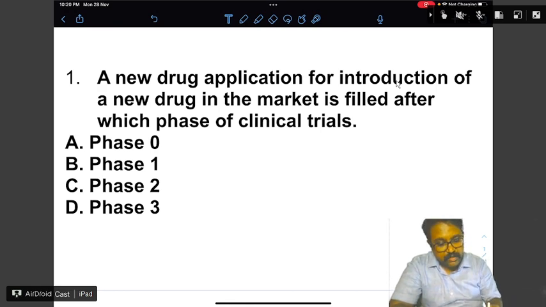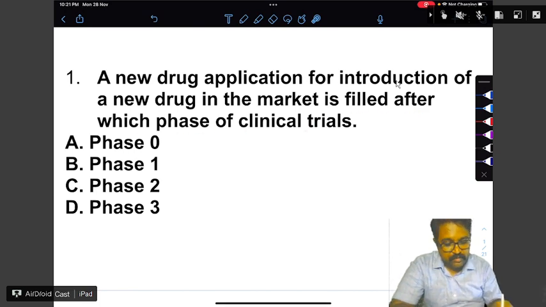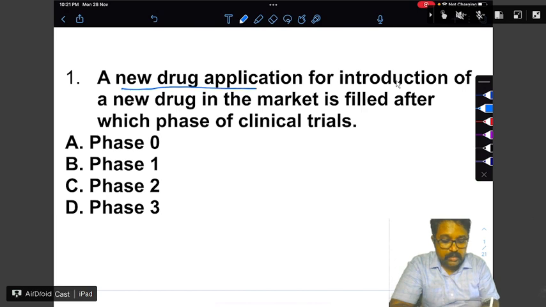So the first MCQ is, a new drug application for introduction of a new drug in the market is filed after which phase of clinical trial? Which phase of clinical trial? So your answer is, they're asking about a new drug application.